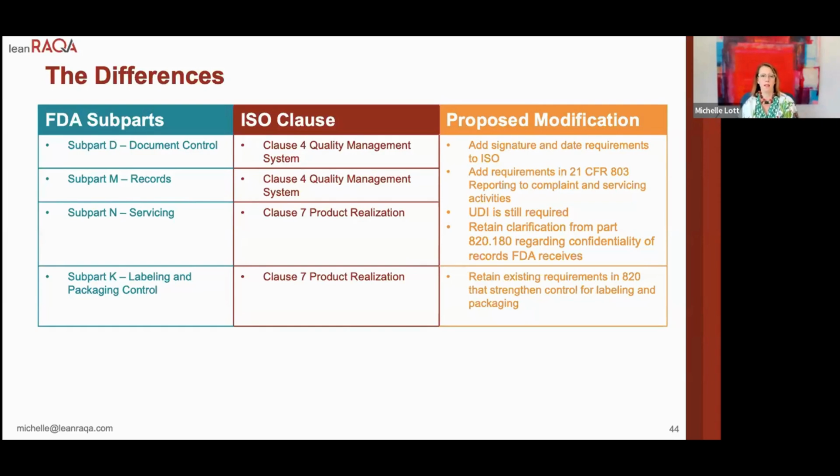Similarly, if you do have an ISO certificate from either a notified body or a registrar, it's not going to cover these things. You have to make sure that these are in your procedures so that you can meet what remains of the 820 section.